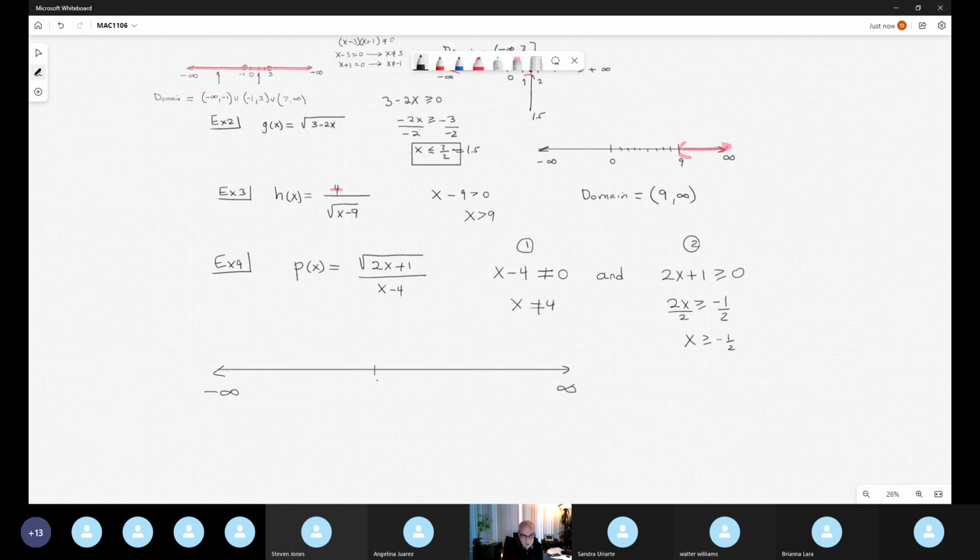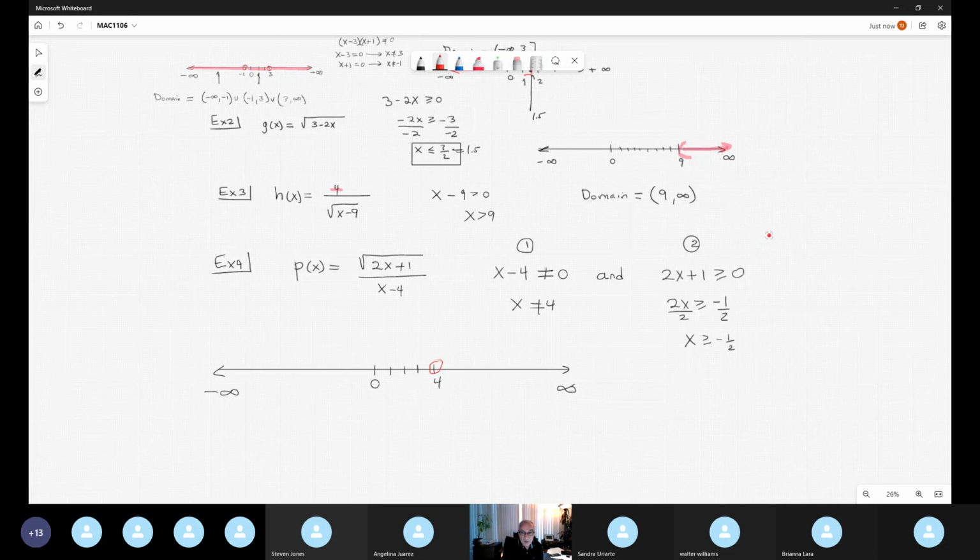I put 0 because it's a reference. This is the positive part and this is the negative part. And we have 4: 1, 2, 3, 4. But what happened in 4? We have a hole, and the hole we can represent like that. It's undefined, because 4 minus 4 gets 0, and division by 0 is undefined.